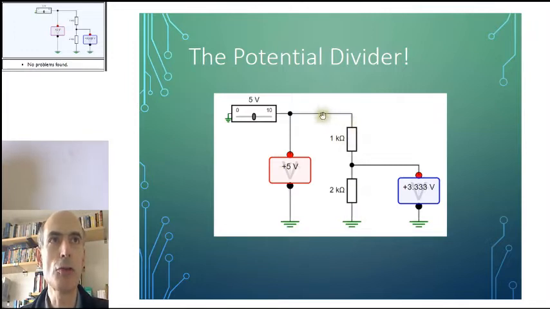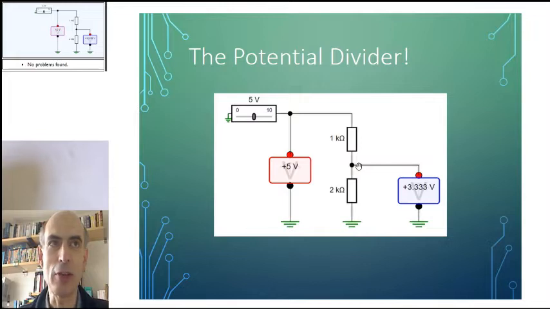And because the current is flowing down through these two resistors and losing some potential as it goes, the potential where the two resistors meet, the voltage at this point, will be somewhere between the top of the potential divider at 5 volts and the bottom of the potential divider at 0 volts.